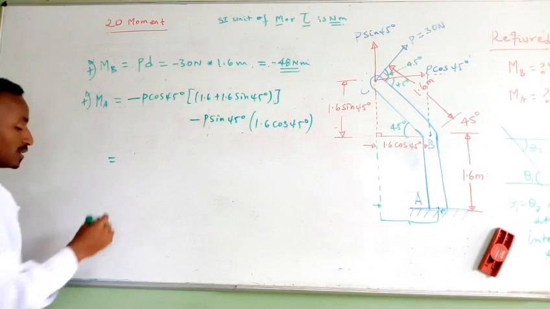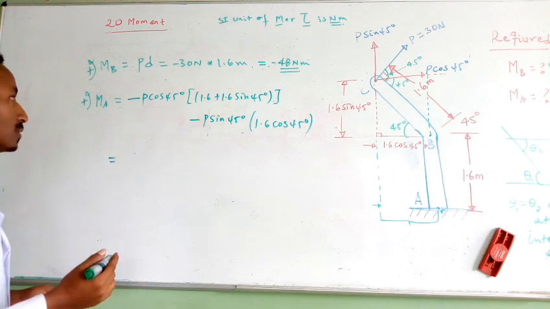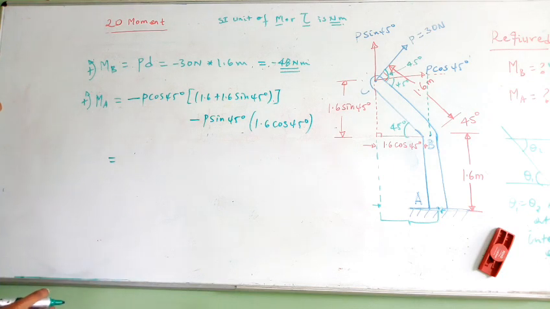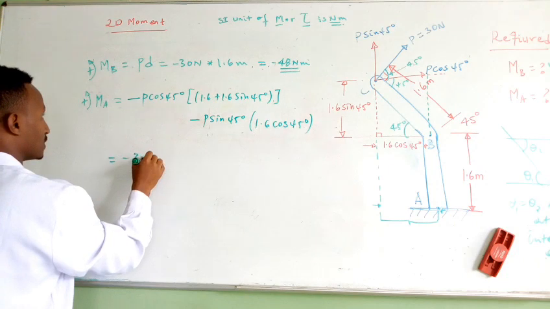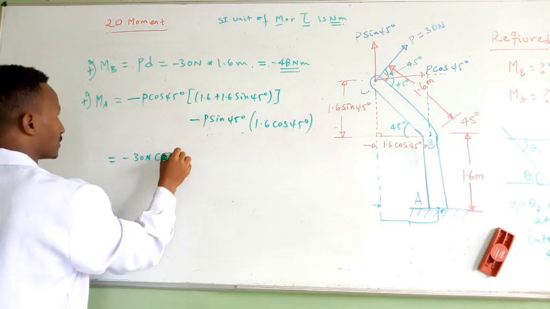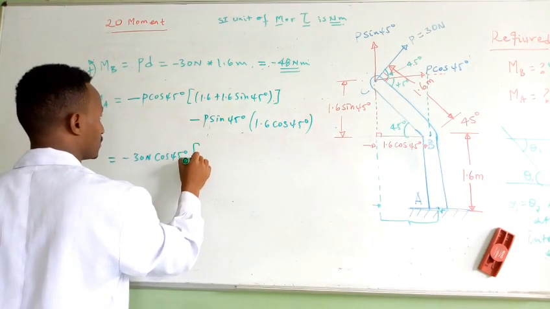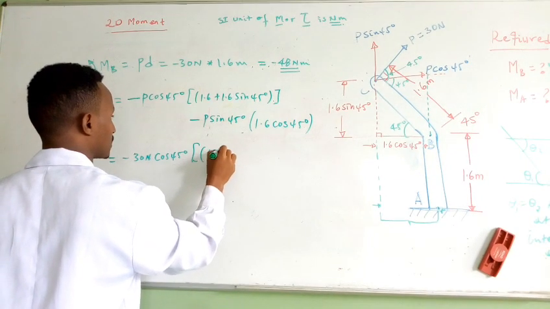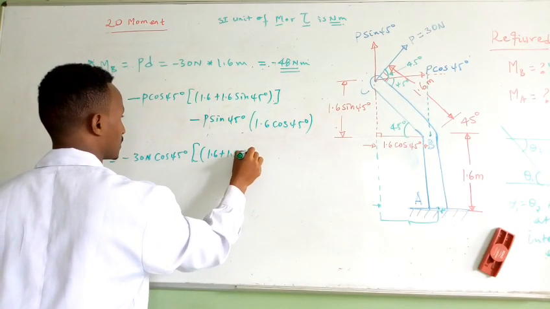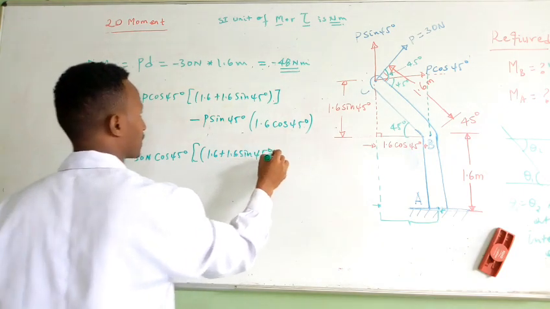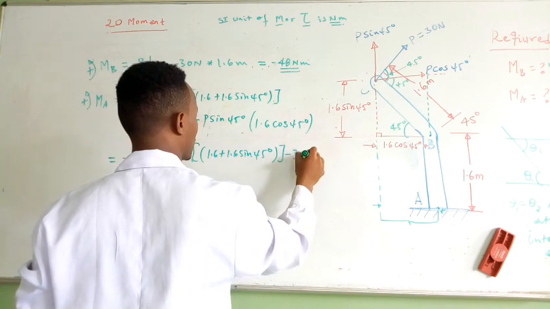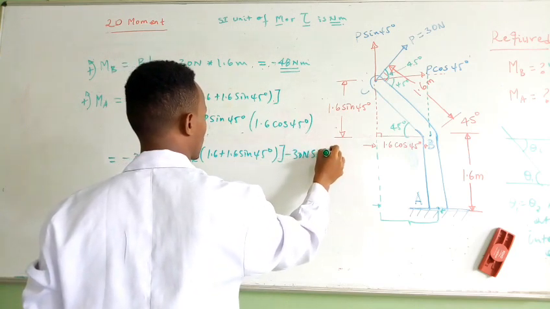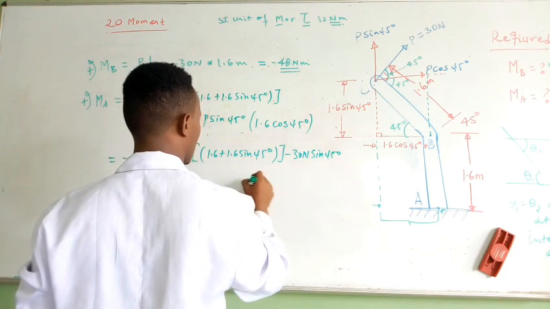Then you can substitute the value of P, 30 Newton: negative 30 Newton cos 45 degree times (1.6 plus 1.6 sin 45 degree), minus 30 Newton sin 45 degree times 1.6 cos 45 degree.